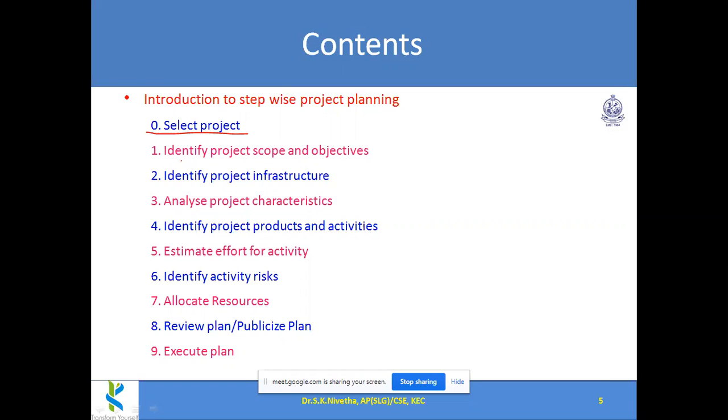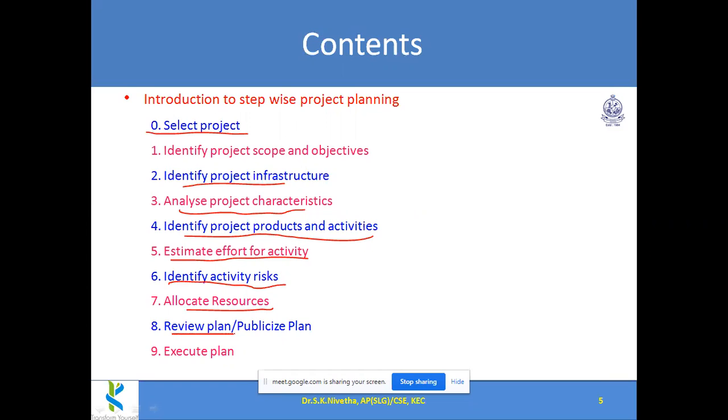And next is identifying the project scope and objectives, and then identify the project infrastructure, then analyze the project's characteristics, identify project products and activities, estimate effort for each and every activity, identify activity-wise risks, allocate resources for each of these activities, review plan if required.